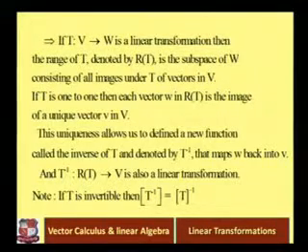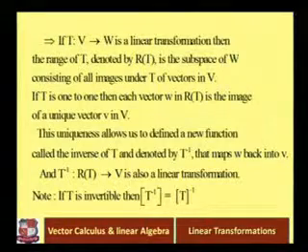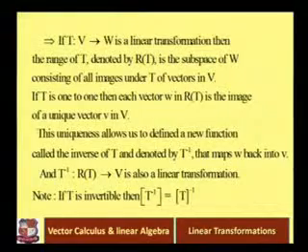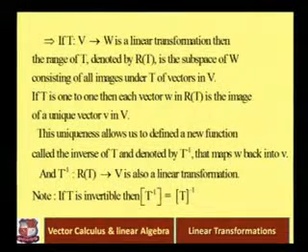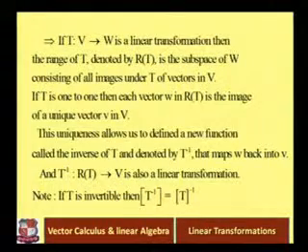Okay, because T is 1-1, right? So one vector has only one image. In fact, any two distinct vectors in the domain have distinct images.